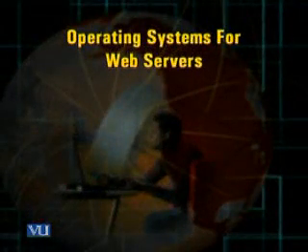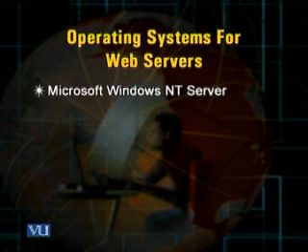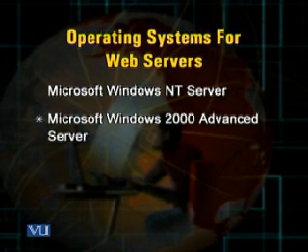You can see in the slide what are the various operating systems which are popularly in use in case of web servers. So at the top of the list, you can see the Microsoft Windows NT server, then Microsoft Windows 2000 Advanced Server, it is quite popular.